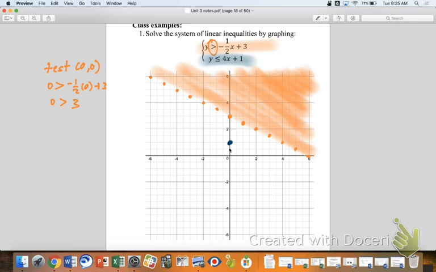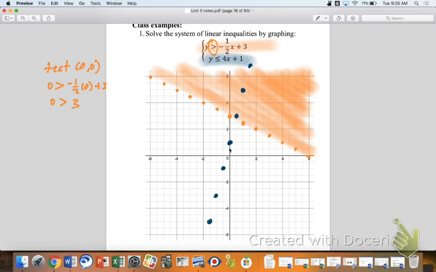And my slope is? 4 over 1. So we're going to go up 4. So up 4 over 1, up 4 over 1, so on and so forth.